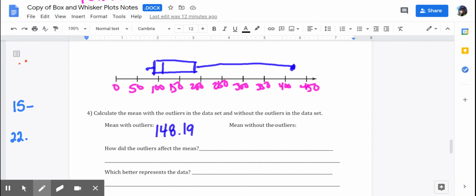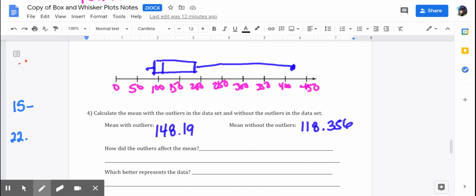I'll highlight 420 and hit delete. That takes that value out. Then I'll hit second data, one variable stats, enter 3 times, and look for X bar again. I should see that its value is 118.3555556. We're just going to go ahead and round up.